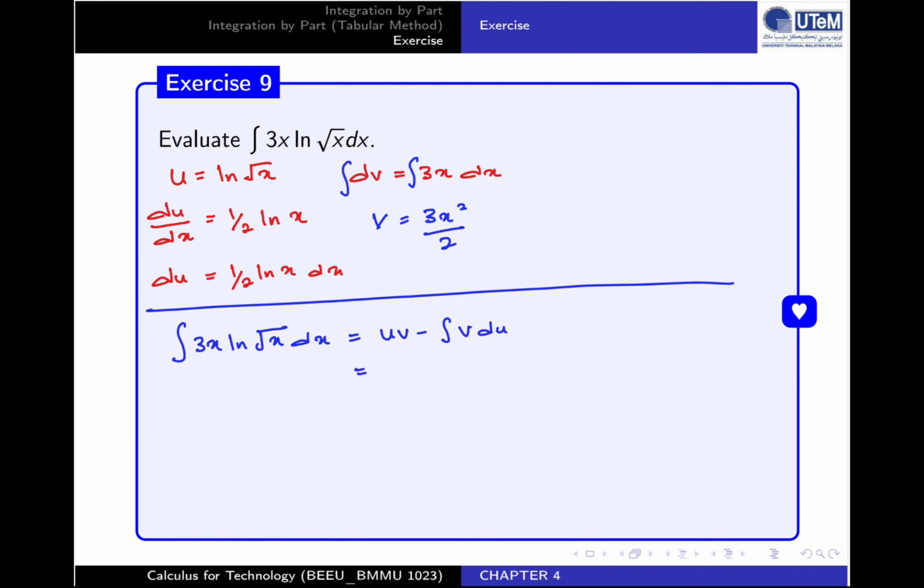So your u equal to ln square root x, your v equal to 3x squared over 2 minus the integration of v, 3x squared over 2 times your du.